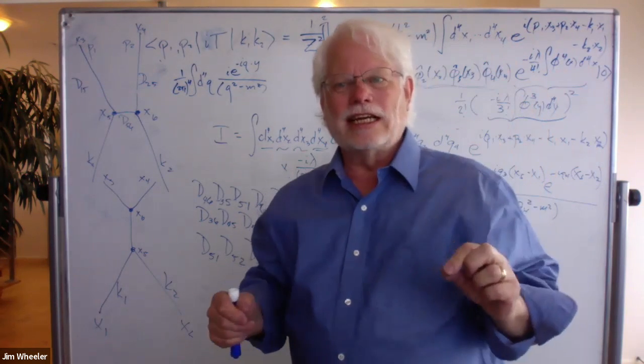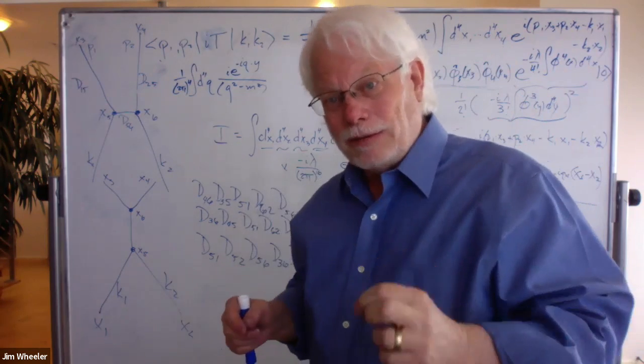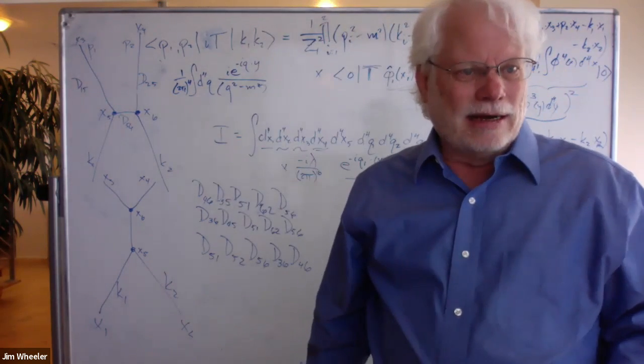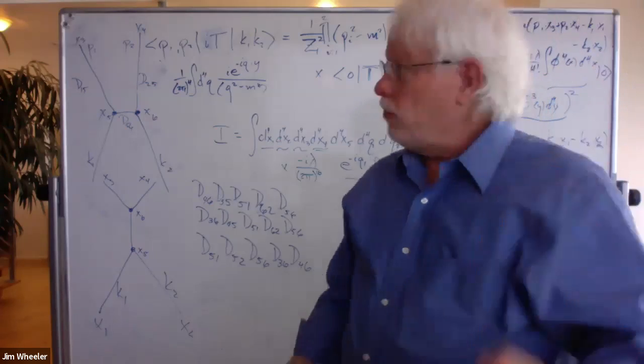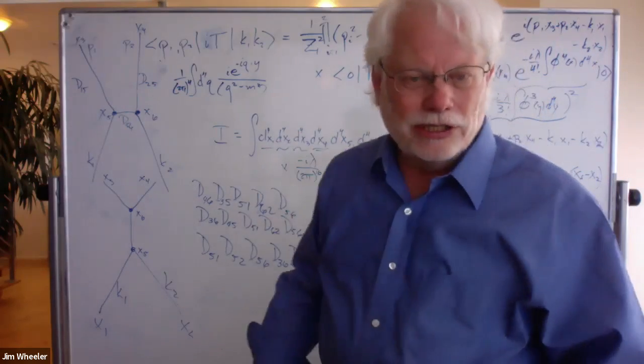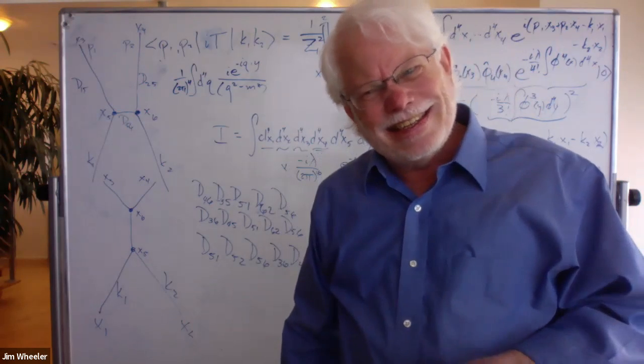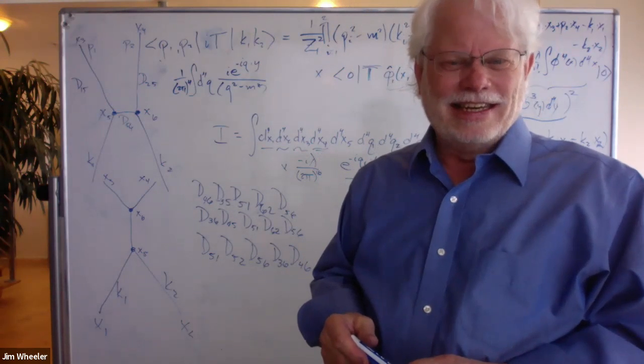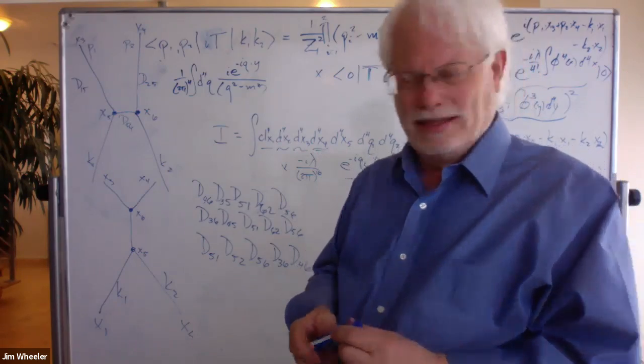So we're always going to get conservation of momentum at every vertex and overall. And before I start writing in the propagators, there are actually some more diagrams we can draw. And these are a little weird.